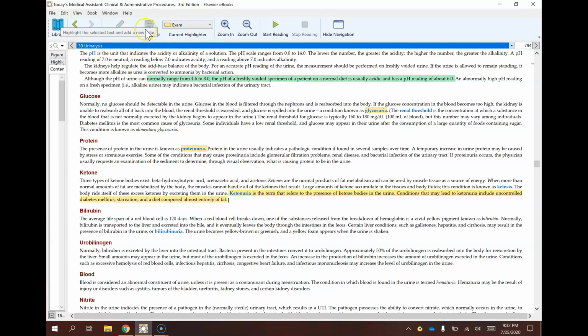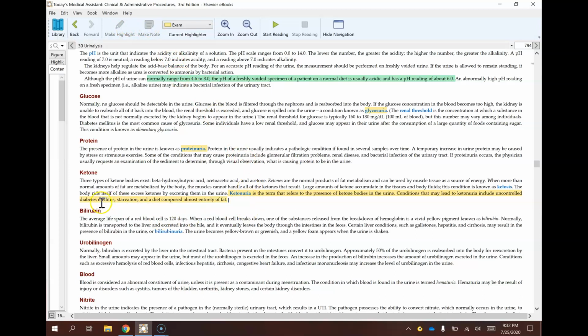Another reason I'm doing this is a lot of people are not familiar with some of the cool things that are available to you in your ebooks. That highlighting is one. Another one is making a note. So you can put a note somewhere. Hang on. It's not letting me put my note. Maybe I have to highlight it again.